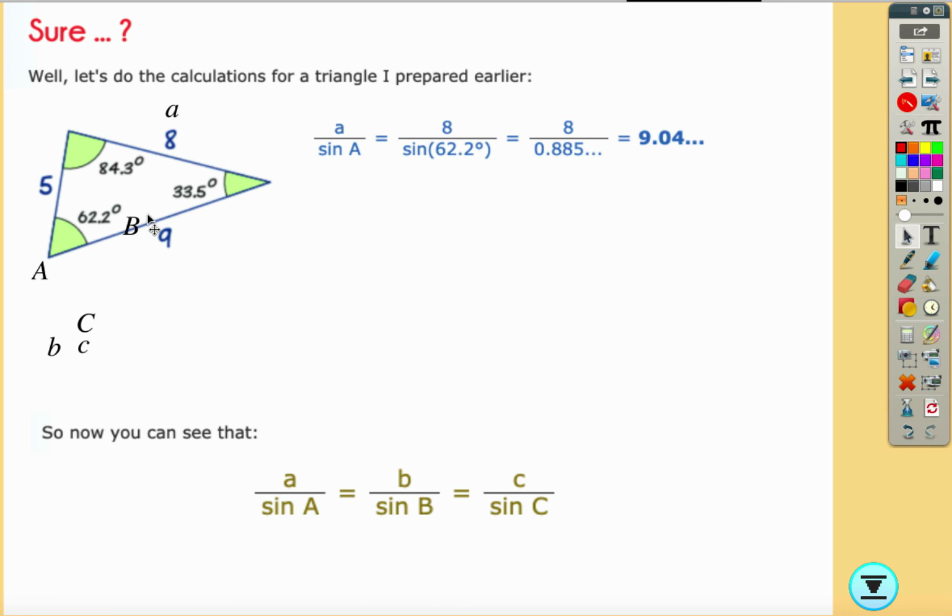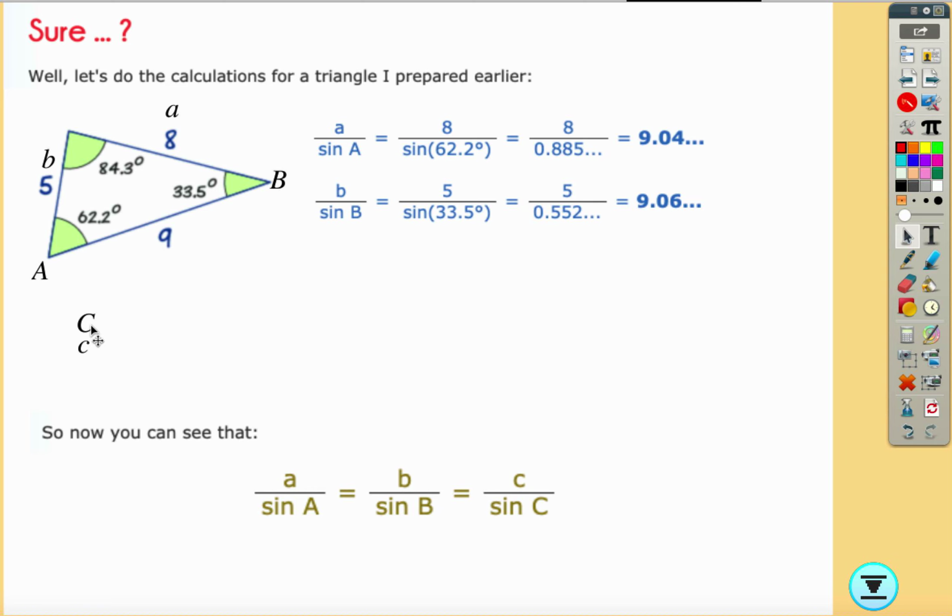And I could label this angle, 33.5, as angle B, which means its corresponding side, 5, is going to be little b. So this is like the anchor here. So I can say, well, little b divided by the sine of B, which is 5 divided by the sine of 33.5, and we can simplify that out.